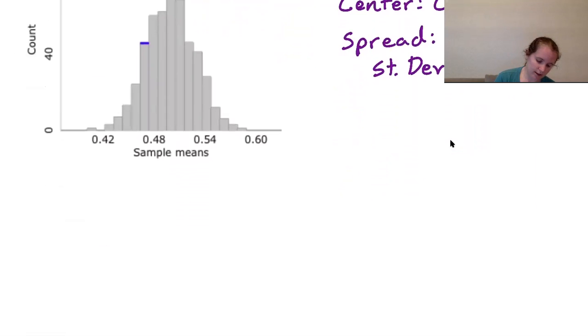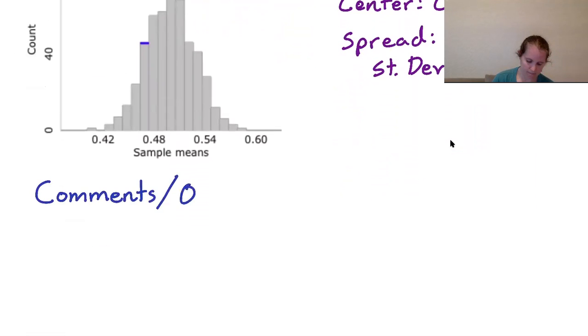Putting all of this together, comments or observations. All of these X-bar distributions seem to be centered at about the actual mean of the population.